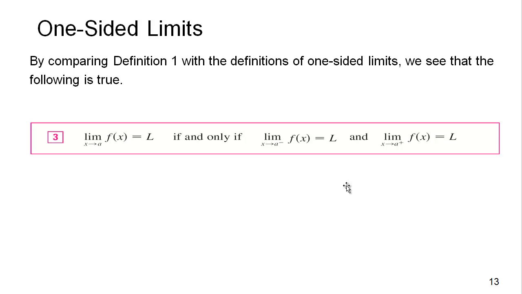If we know the limit of the function equals L, then we know both the left-hand limit and the right-hand limit exist, and they must also equal L. But conversely, and this one's a little bit more helpful to us when we're trying to solve for these things, if we know the left-hand limit exists and it equals L, and the right-hand limit exists and it also equals L, then that tells us the limit in general exists and has to equal L. And that's normally how we use this definition to help us, but it does go both ways, right? It's an if and only if.